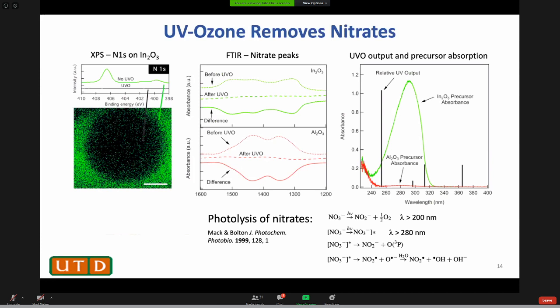The difference is when we look at the UV-vis absorption spectrum for the precursor film. The indium oxide, the one with ACAC, has a huge absorbance around 300 nanometers, and the one without only has absorption below 240 nanometers.